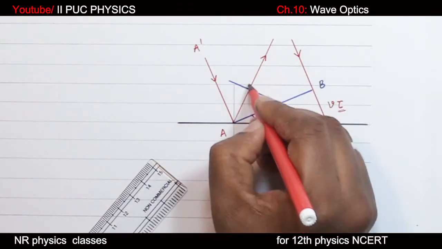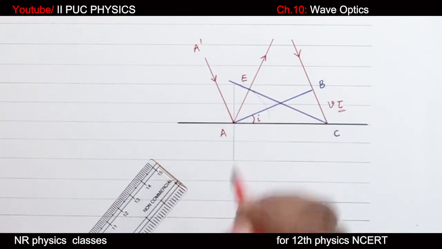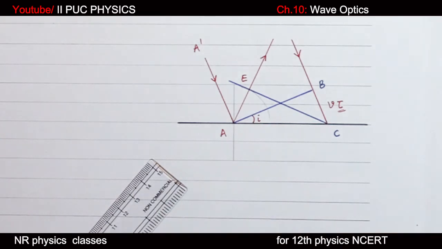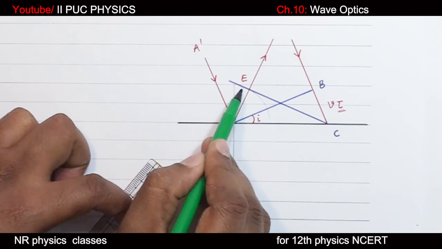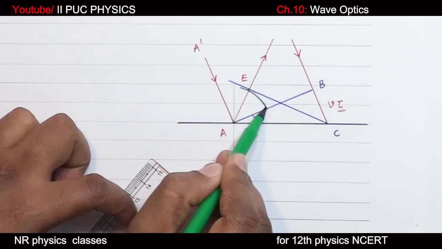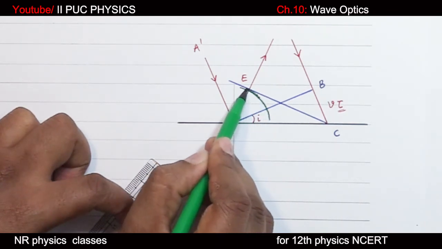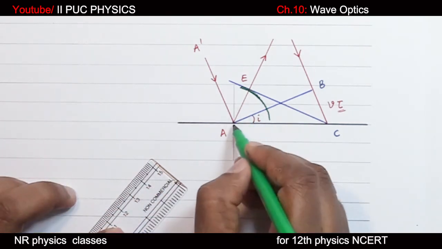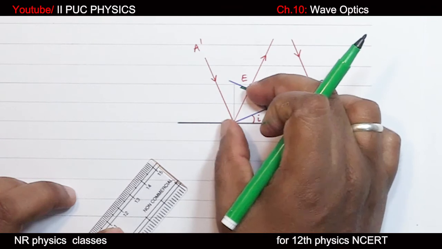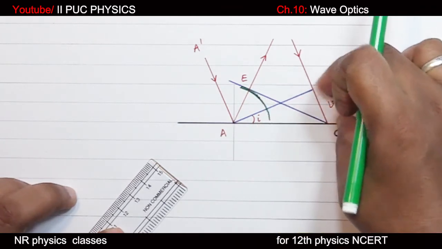This point is E. Let me draw the arc with a different color. So this is the arc. AE is the radius. This AE equals BC.